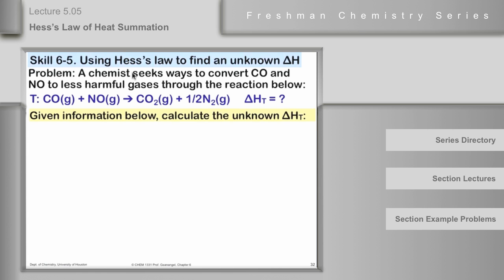There is a chemist, and she's seeking ways to convert carbon monoxide and nitrogen monoxide to less harmful gases. She works for Toyota. Okay? Toyota has gotten a lot of bad press lately, so they want to do good things in my hypothetical example here.